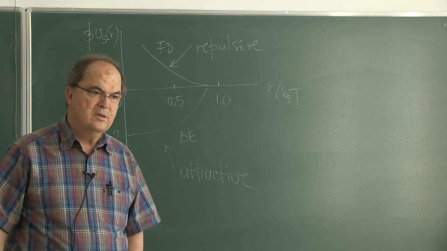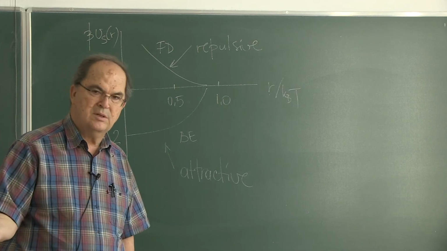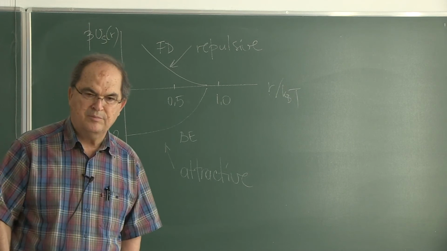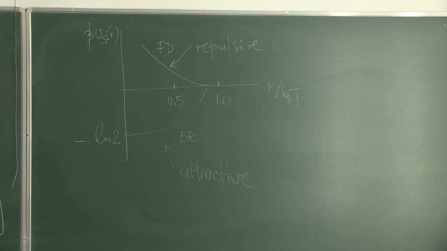That means in the classical limit, there's no distinction between fermions and bosons. At high temperatures, you cannot see any difference. To see the real difference between fermions and bosons, you have to lower the temperature. Okay?